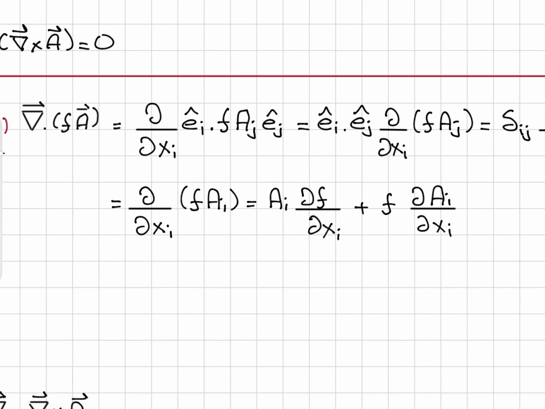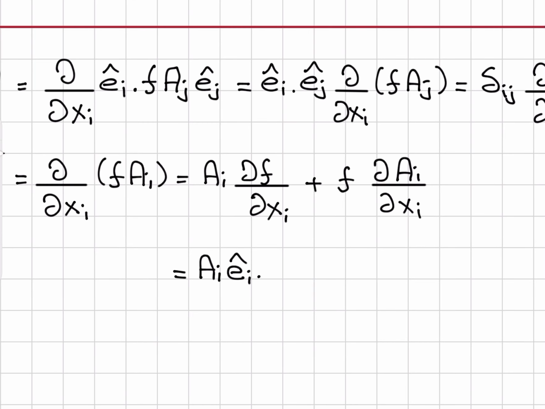And here I recognize this is multiplied by 1, so I can say that this is ai ei hat dot product with del f del xi ei hat, because ei hat dot ei hat is equal to 1.